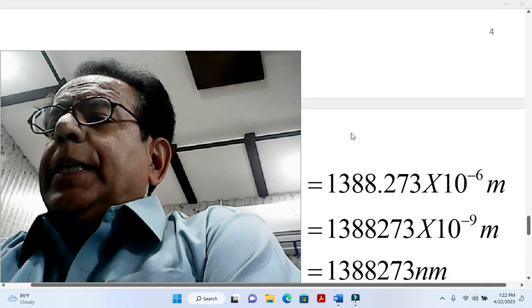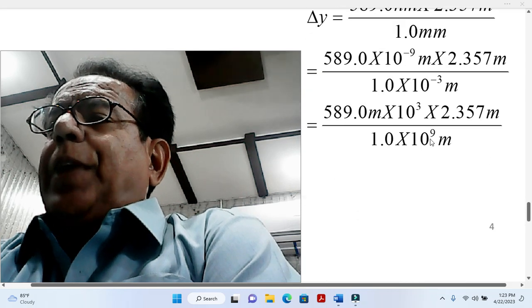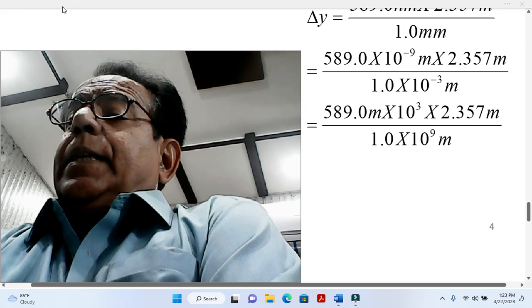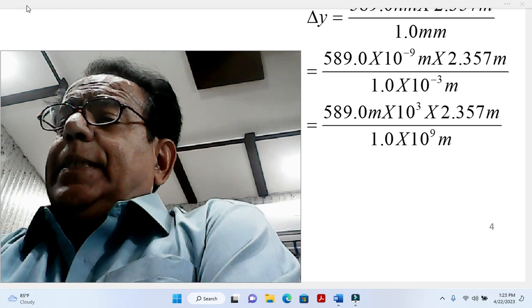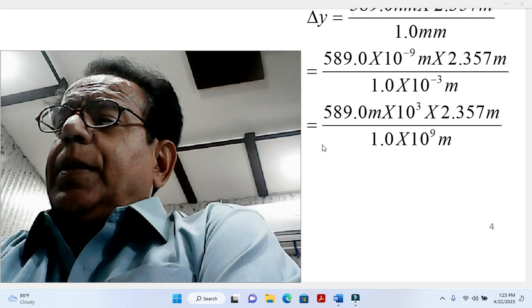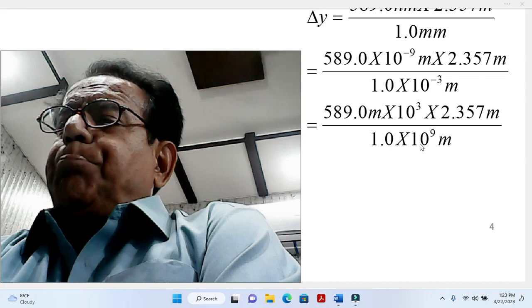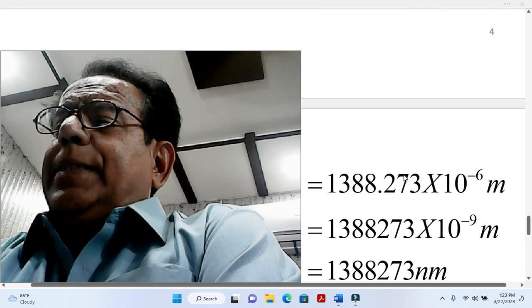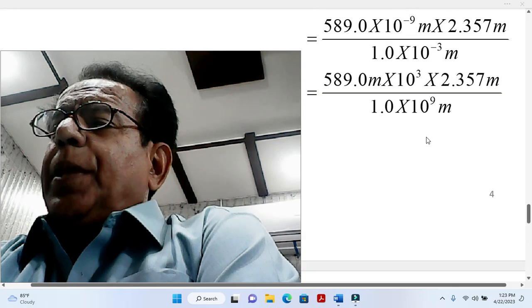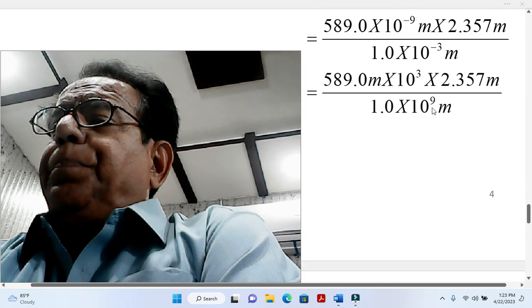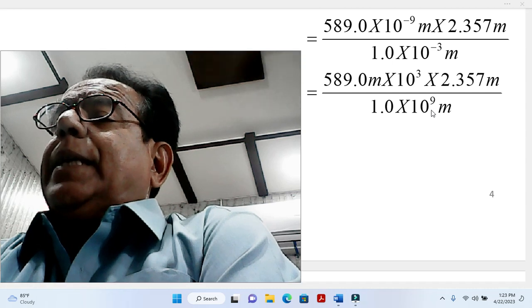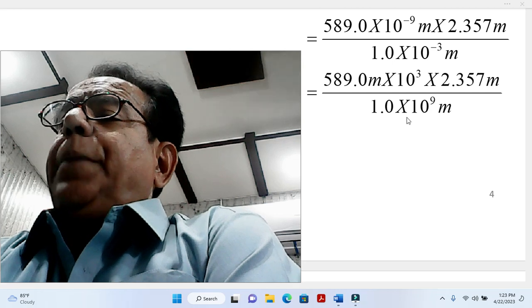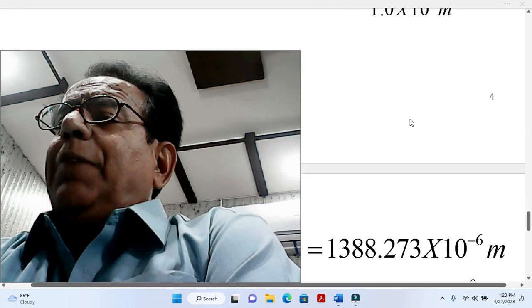When we solve this, we have just simplified this expression. Because 10 to power 6 is in the denominator, it will be treated as 10 to power minus 6. So we have made this arrangement.